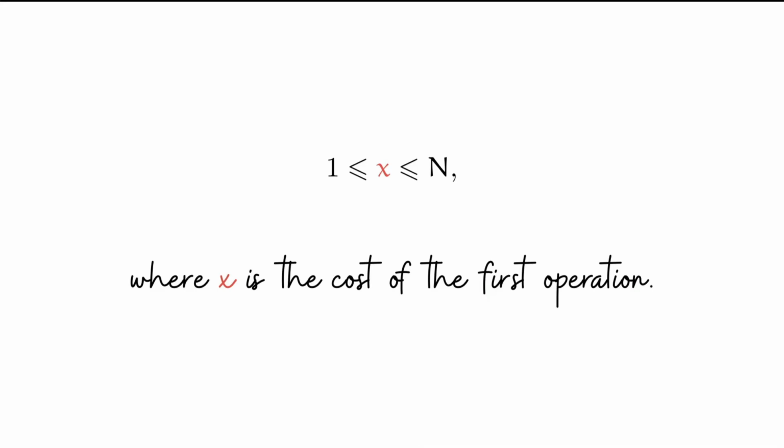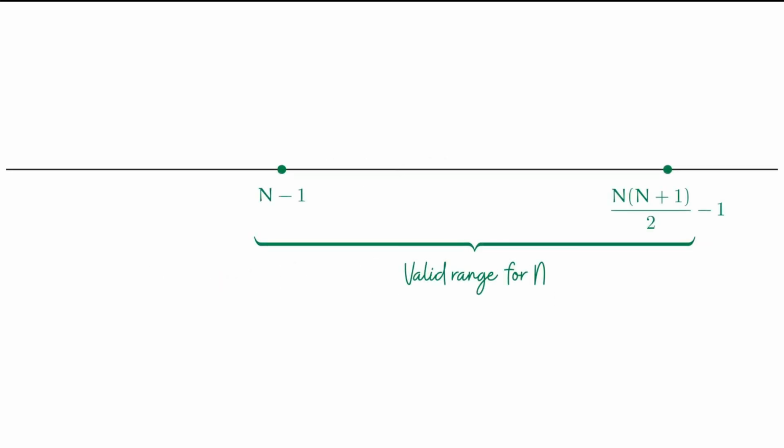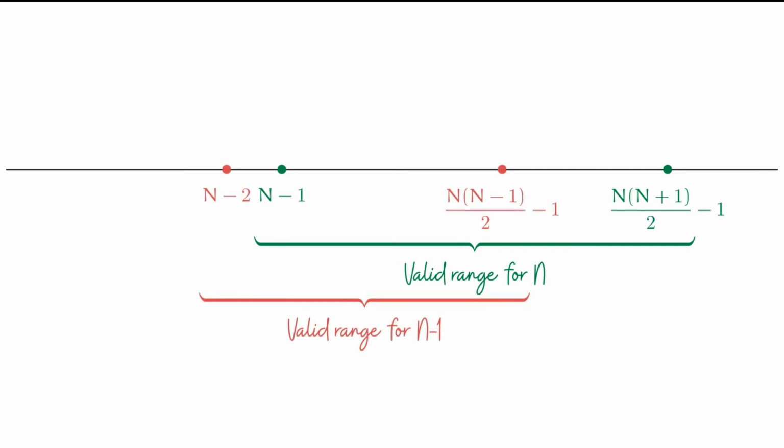Now let's go back to the big picture and try and understand why all this is useful. So to begin with, remember that when you're working with n, here is the valid range of values for c. c has to be at least n minus 1 and at most n times n plus 1 over 2 minus 1. Now let's add to this picture the valid range of values for c relative to n minus 1.